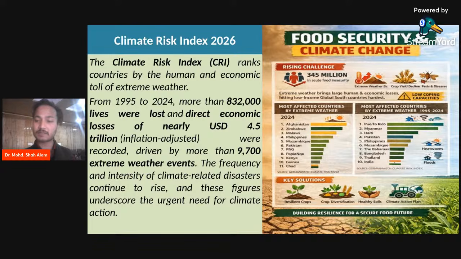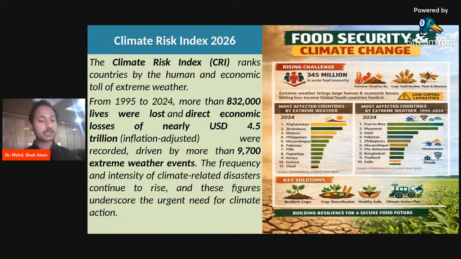The Climate Risk Index indicates that extreme weather brings large human and economic loss, hitting low-income Global South countries hardest. From 1995 to 2024, more than 832,000 lives were lost, and direct economic loss of nearly 4.5 trillion US dollars has been recorded, driven by more than 9,700 extreme weather events.